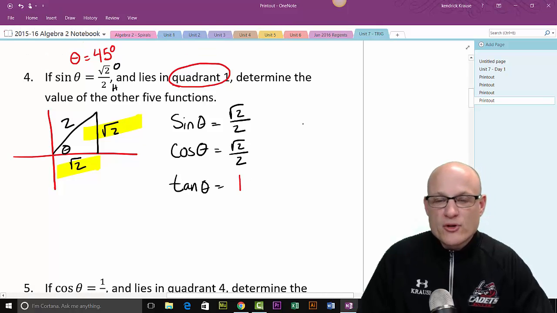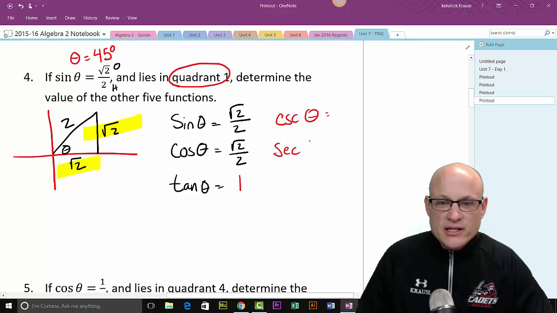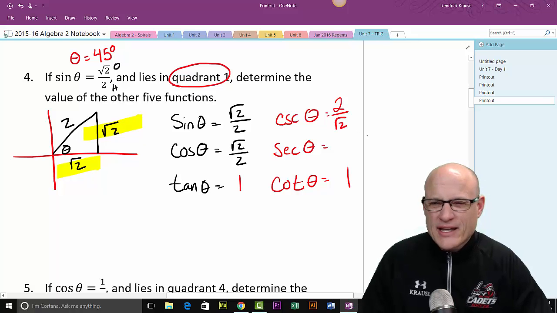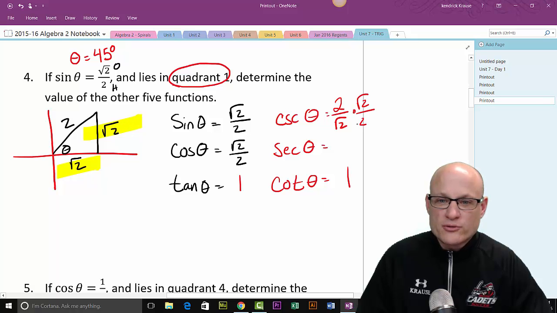So tangent would be 1. Now I'm going to do the reciprocal functions: cosecant theta, secant theta, and cotangent theta. The reciprocal of 1 is 1, that's pretty easy. The reciprocal of this is 2 over radical 2, but I can't leave it like that. I have to rationalize, so I multiply by radical 2 over radical 2.